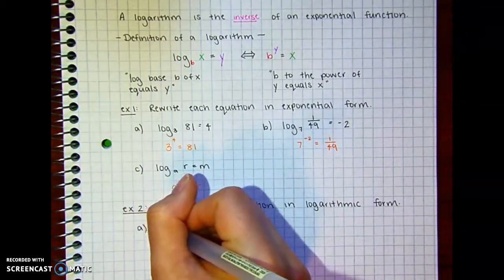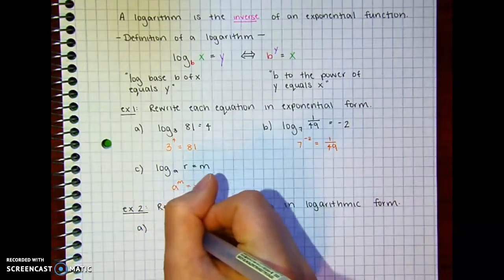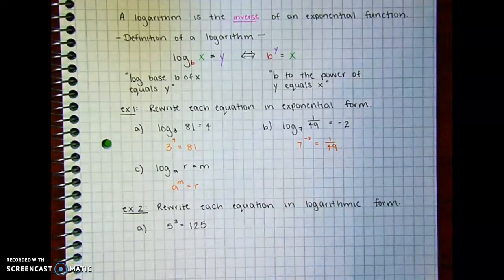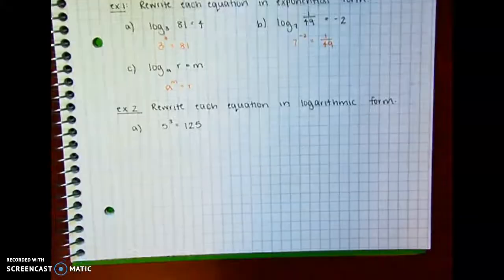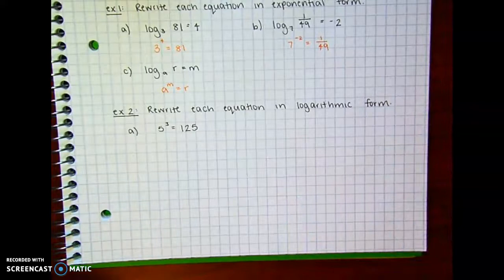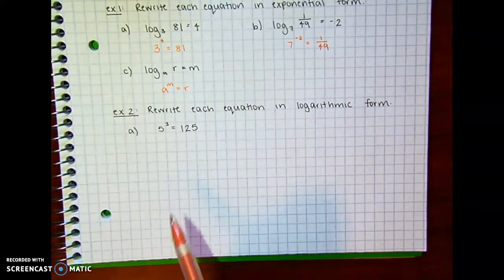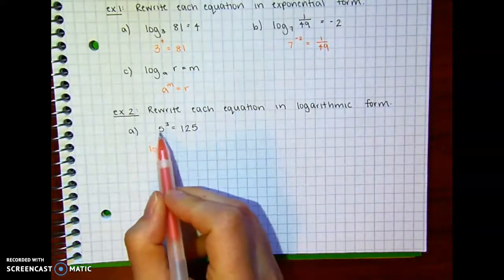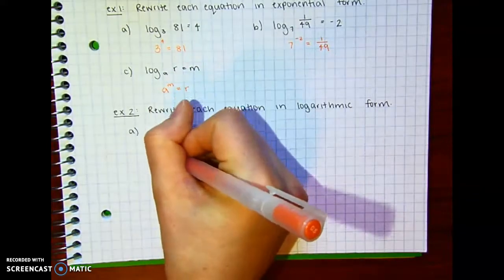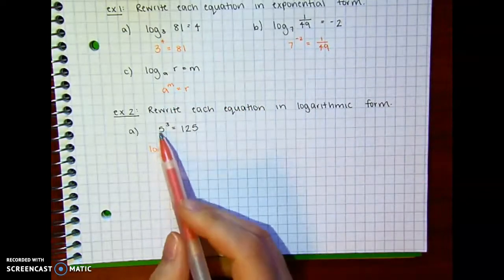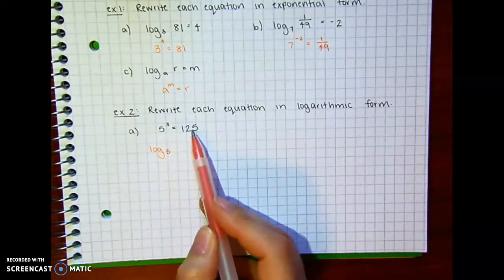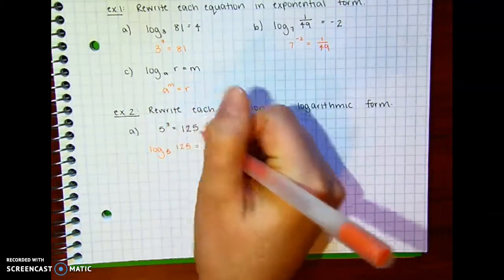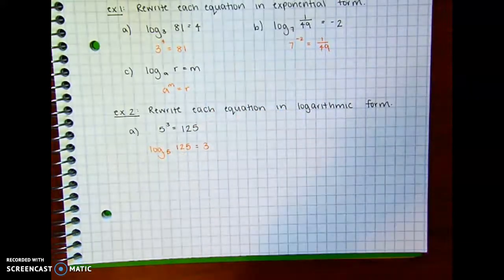So why don't we do 5 cubed equals 125. Why don't you pause the video and try to follow the rules and write this as a logarithm. So as a logarithm, it's going to be log base, and our base is going to be whatever the base of our exponent is, so in this case 5. So log base 5 of 125 equals what's in the exponent.